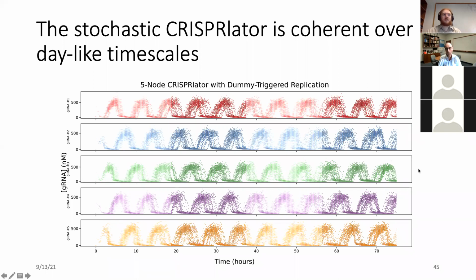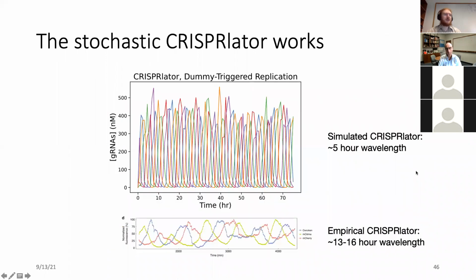We can also, the whole point of this was to compare it to real data, so we can do that. And I will claim that the stochastic CRISPR can get us fairly close to some, but not all of the experimental results that have been found in the field. So this is a simulation using my model, using the dummy triggered replication of plasmids.